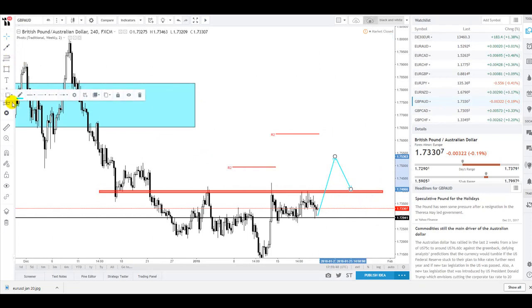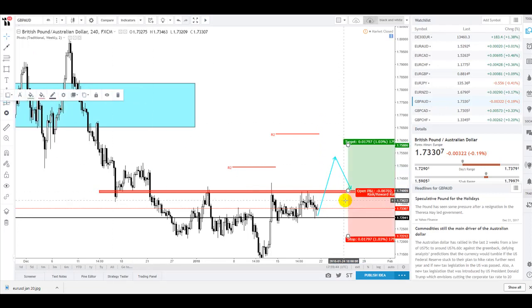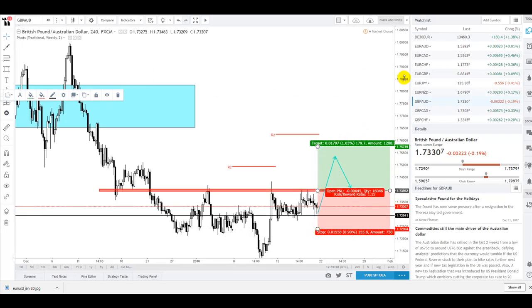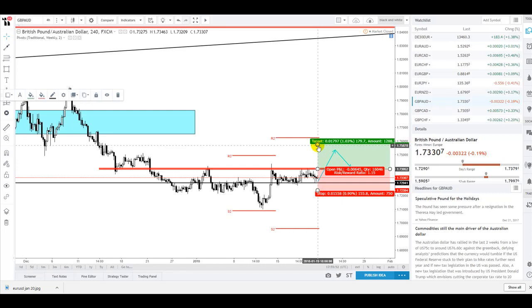Depending how the market is, your risk reward profile is going to be something along these lines here. And then let's just pull that in so you can get a real idea of targets.